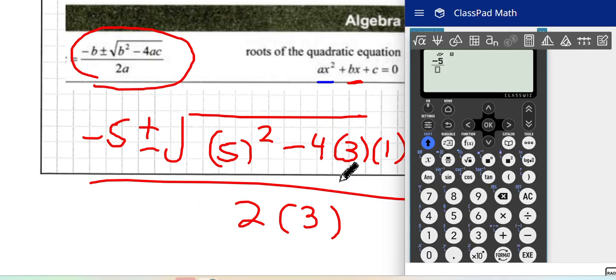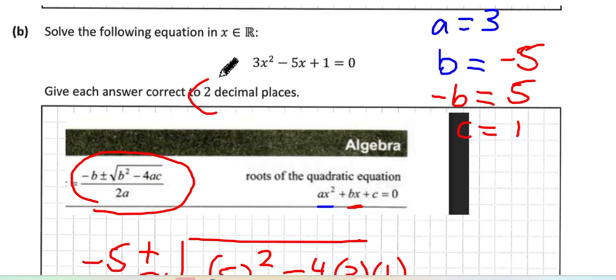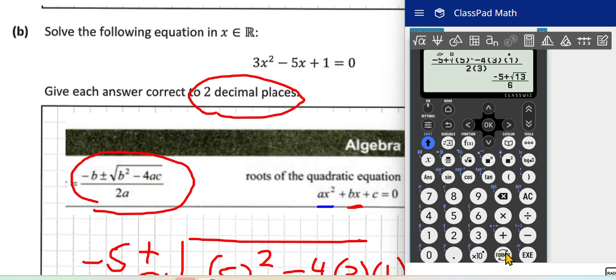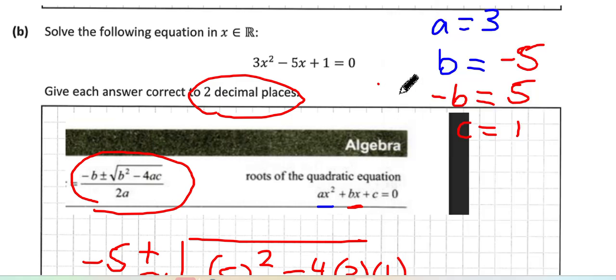Now, plus square root, and then what do we have here? 5 squared minus 4 times 3 times 1, and then all over 2 times 3. Does it want the answer with decimals, or what does it want? It wants the answer to 2 decimal places, and we have to change the format to decimal, and we get minus 0.23, right?